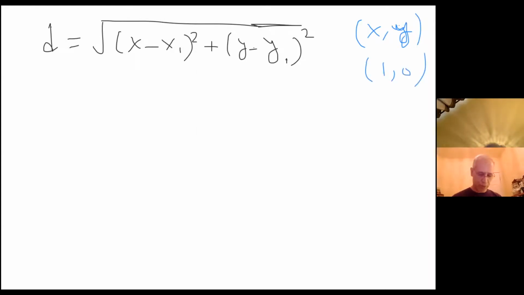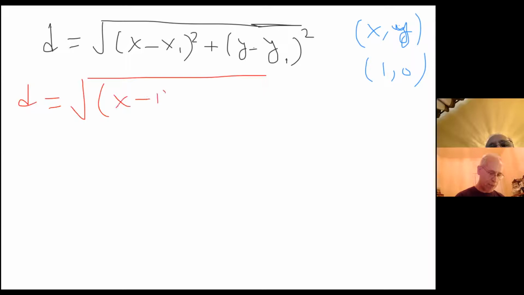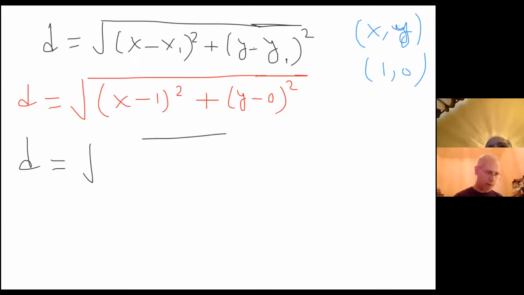Using those points, d equals the square root of (x minus 1) squared plus (y minus 0) squared. So d equals the square root of x squared minus 2x plus 1 plus y squared.